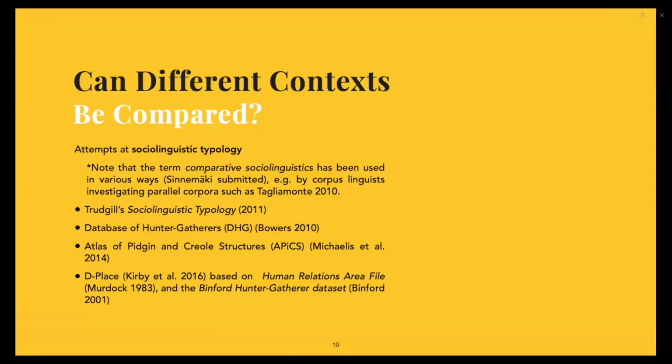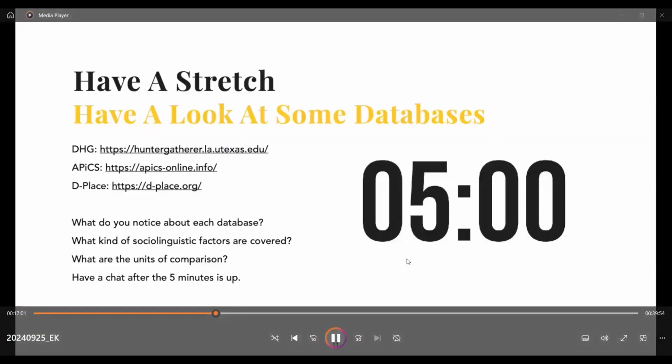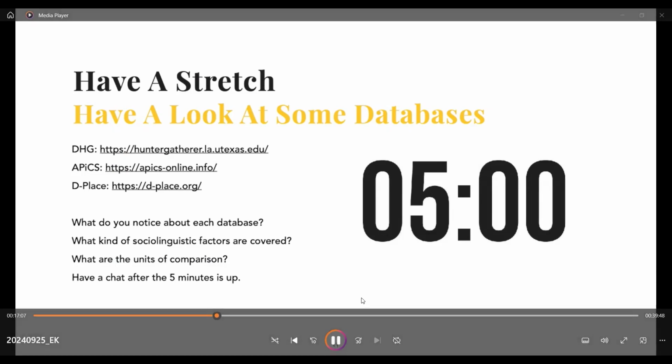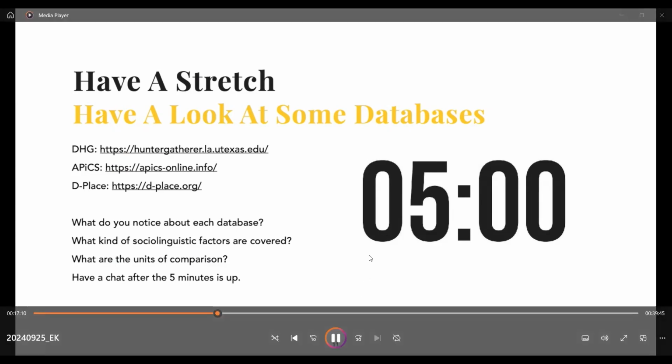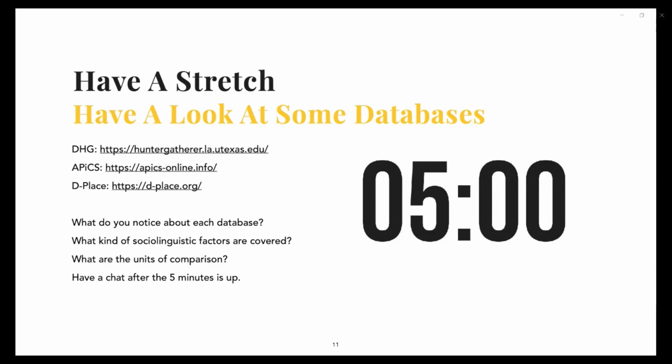I've been talking for a while, so now I'd invite you to have a stretch, have 5 minutes to have a look at these databases, because just me talking about it, it's probably a bit difficult to envisage. When you're looking at these databases, I'd just like you to take note: what do you notice about these databases? What kind of sociolinguistic factors are covered? What are the units of comparison?